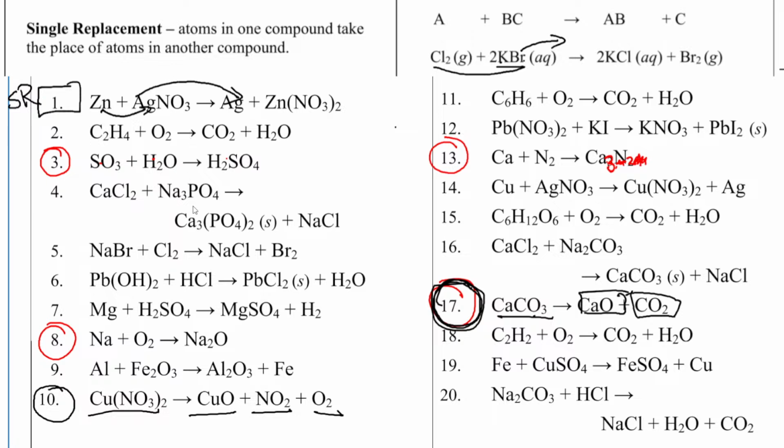What else are we seeing? 5, I would agree that 5 is single displacement because the chlorine this time pushes the bromine out and the bromine's by itself. 7, yeah, that's single displacement, single replacement, because the Mg pushes out the hydrogen.